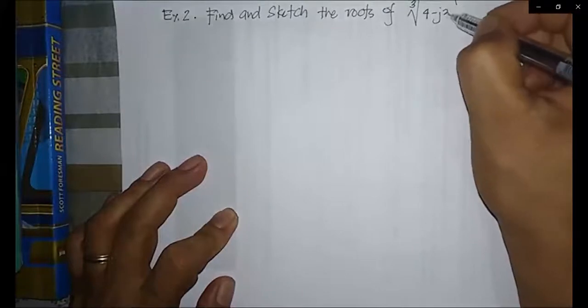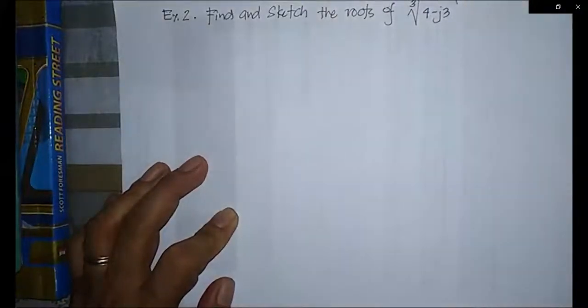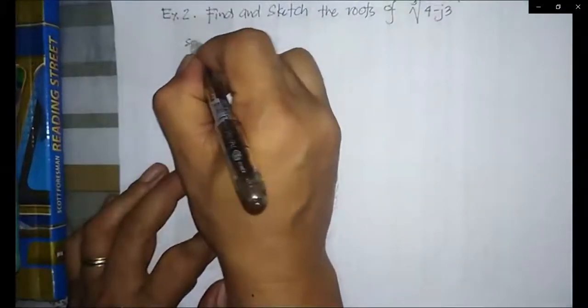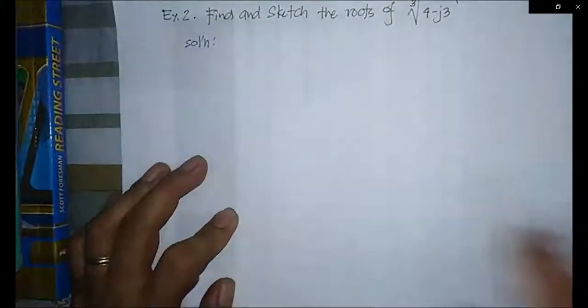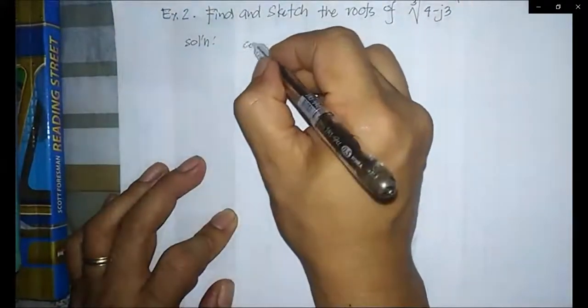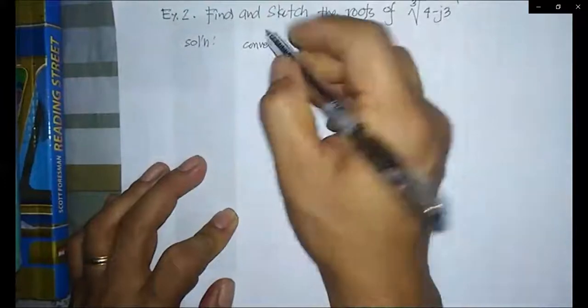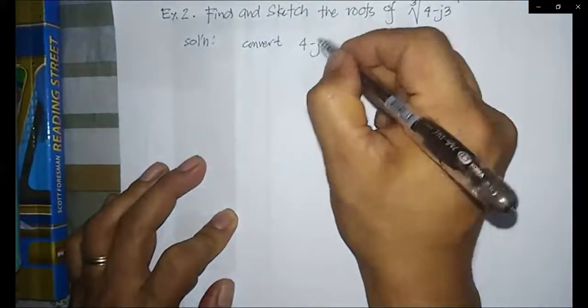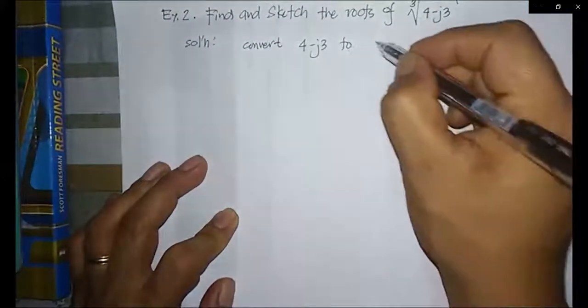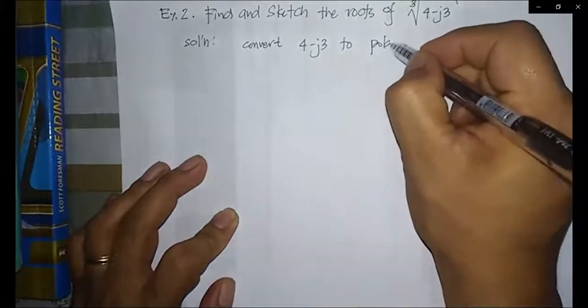This time we are going to sketch the cube root of 4 minus j3. Okay, now your solution is to first convert the complex number 4 minus j3 to its equivalent polar form.